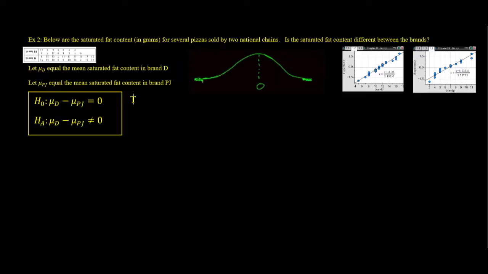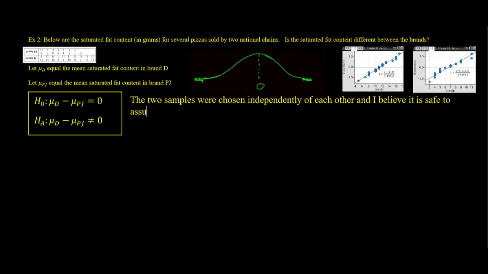So now we're ready to check the conditions. The two samples were chosen independently of each other. Since there is no mention of randomness, we will assume the pizzas are representative of all pizzas from their respective brands.